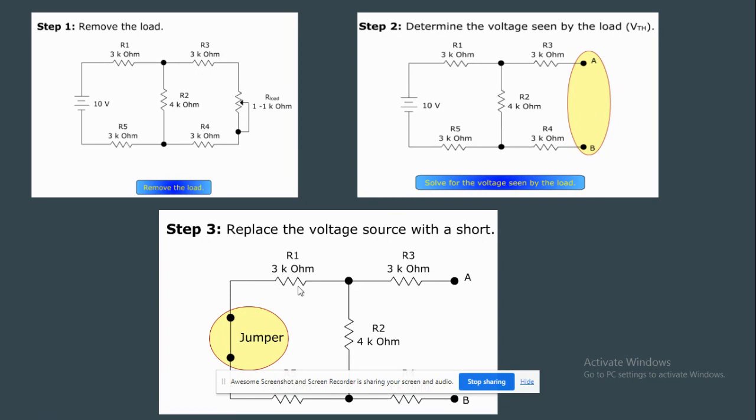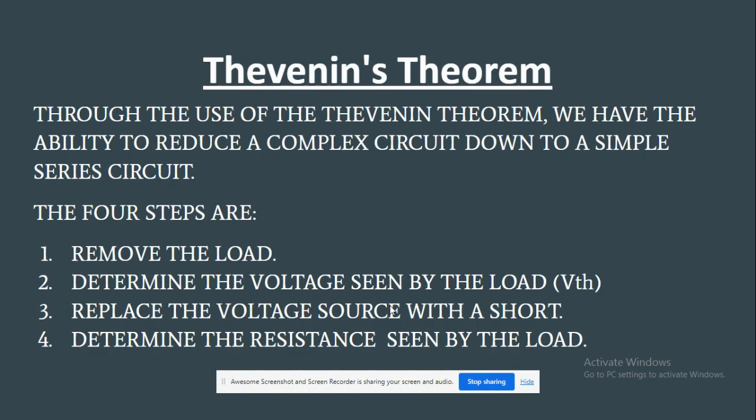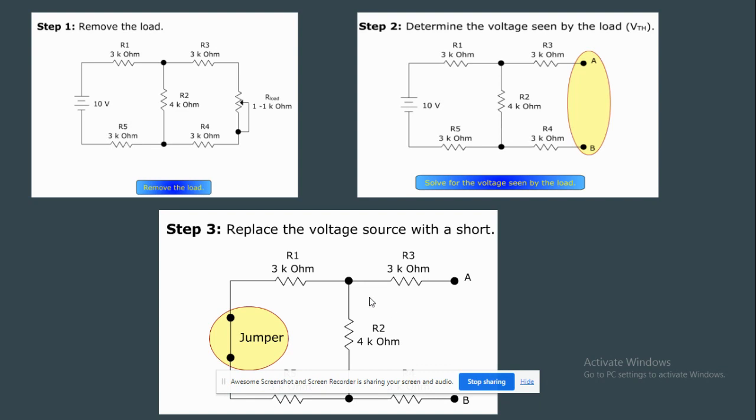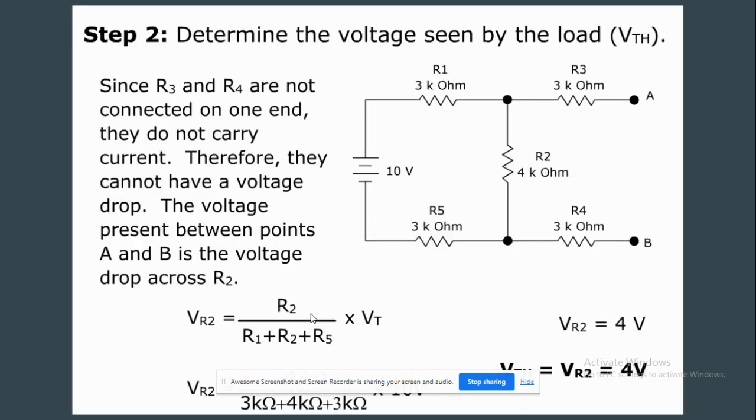Now we calculate all the resistance. We determine whether the resistors are in series or parallel, and then sum them up. The 3K ohm resistor, this resistor, and the 4K resistor are in series, so we just sum them up.